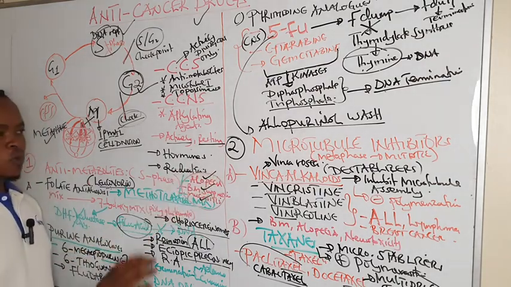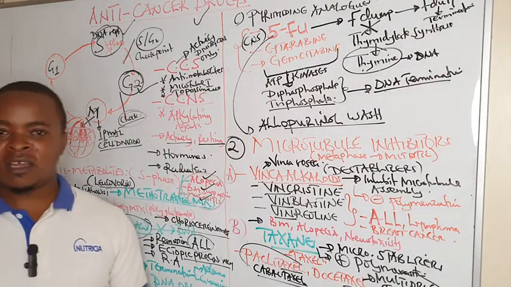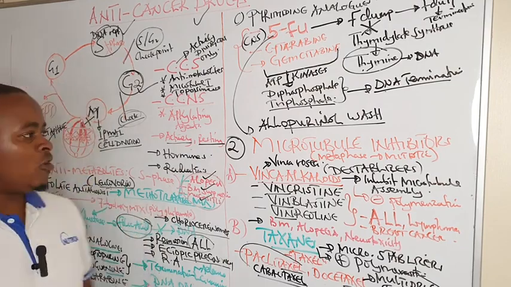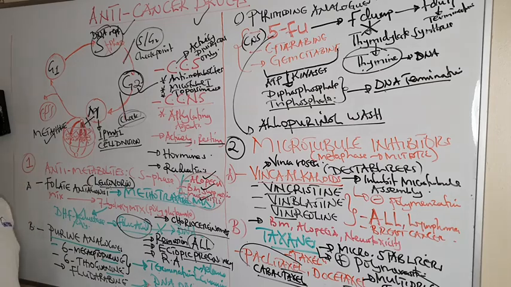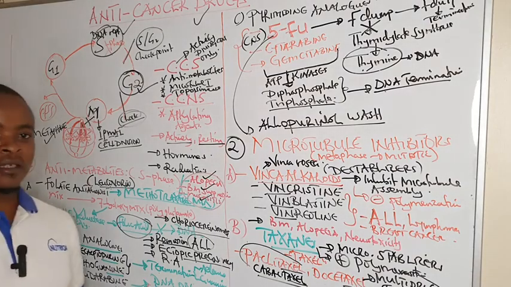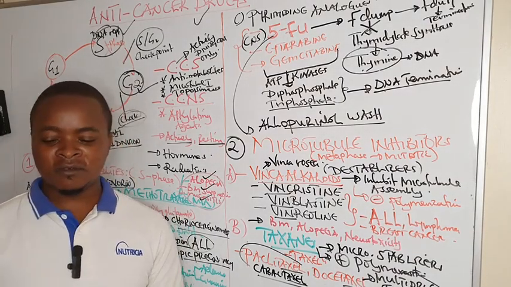So this is what we can look at under the second drug class, known as the microtubule inhibitors. And these two classes are cell cycle specific, targeting highly proliferative cells.